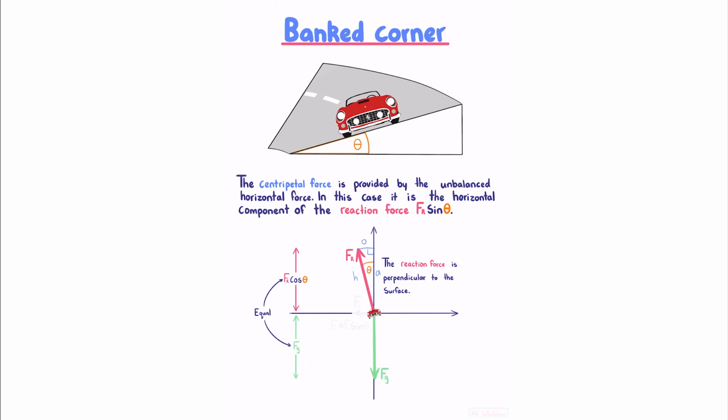Using our trigonometric relationship, we know that cosine of our angle is our adjacent, which is our vertical, divided by our hypotenuse, which is Fr. Multiply both sides by Fr, and you get that the vertical component is Fr cosine theta. This leaves Fr sine theta as an unbalanced horizontal component, which provides our centripetal force.